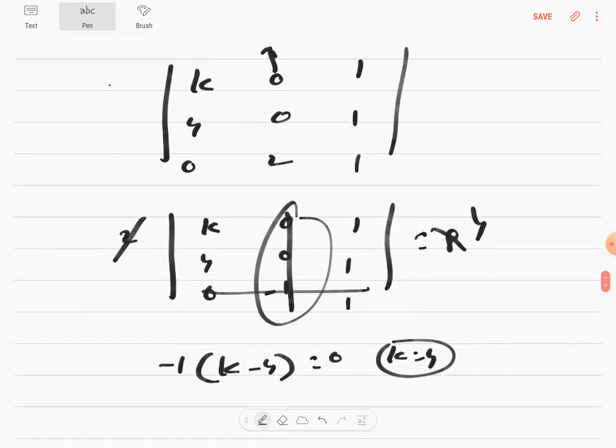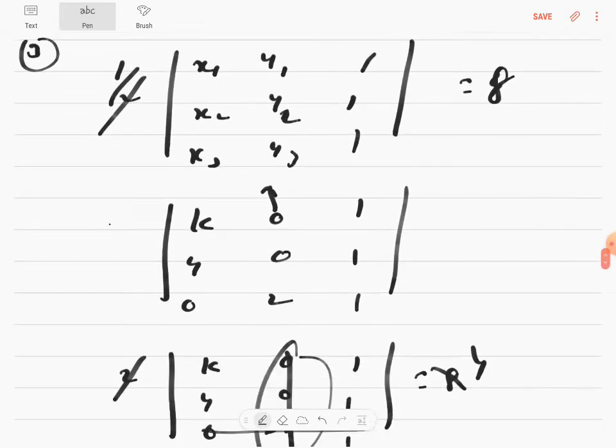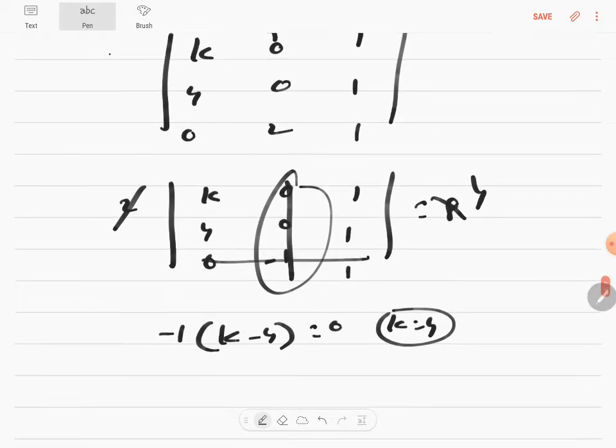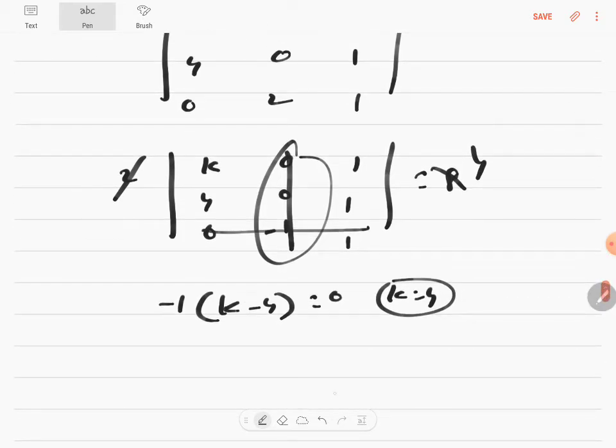But the thing is, whenever they give you the area, it's not just plus 8. When you remove the determinants, the moment you remove it, it will become plus or minus on the right side. So how does that affect the answer? K minus 4 can also be equal to minus 4.